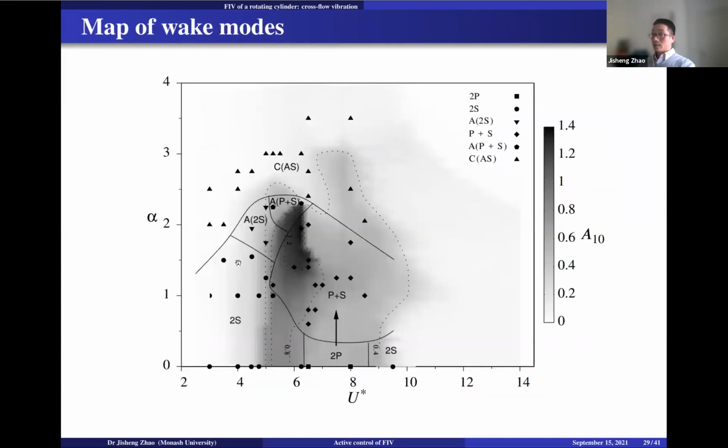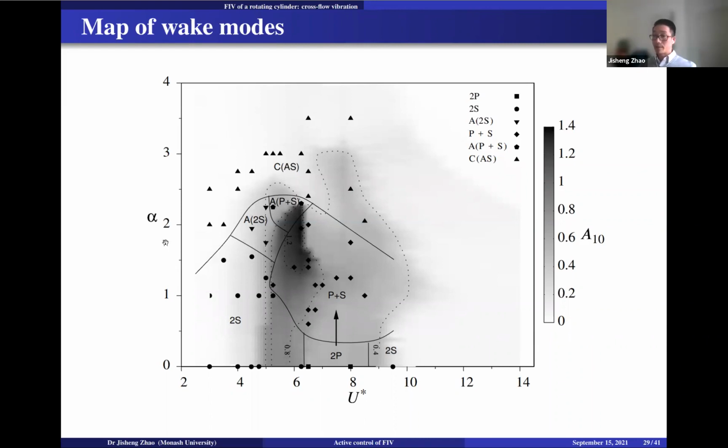All right, and then we did a lot of experiments that were done by my previous PhD student, and we look at the different wake modes. We just do some spot measurement using PIV on the map.